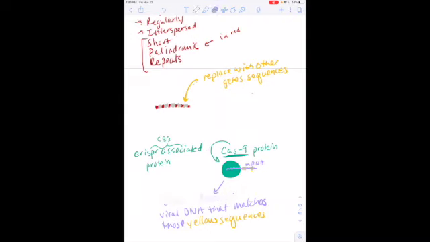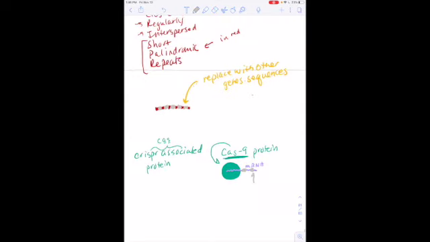This is getting messy here. Now, when this Cas9 mRNA complex sees this gene sequence, it will cut out that gene. So it's a gene snipping tool.